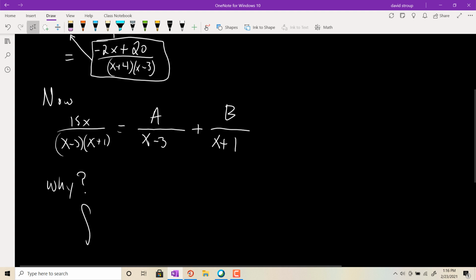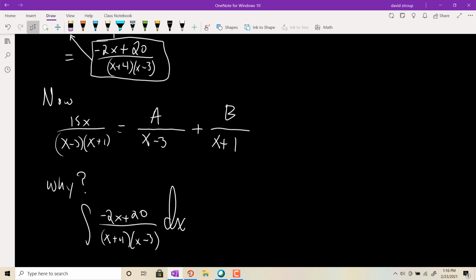Look at the original integral up there versus the simplified. If I had started with negative 2x plus 20 all over x plus 4 times x minus 3, and we wanted to integrate that, compare it with its decomposed form.